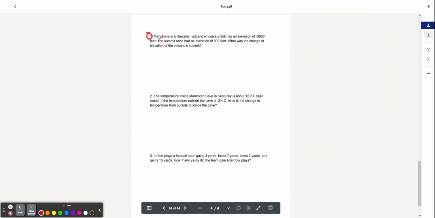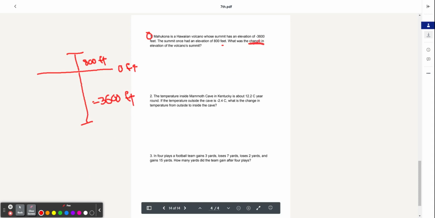Okay, 1. Mahukona is a Hawaiian volcano whose summit has an elevation of negative 3,600 feet. The summit once had an elevation of 800 feet. What was the change in the elevation of the volcano summit? So if that's sea level, 0 feet, the summit originally was 800 feet. But now it's all the way down there, negative 3,600 feet.